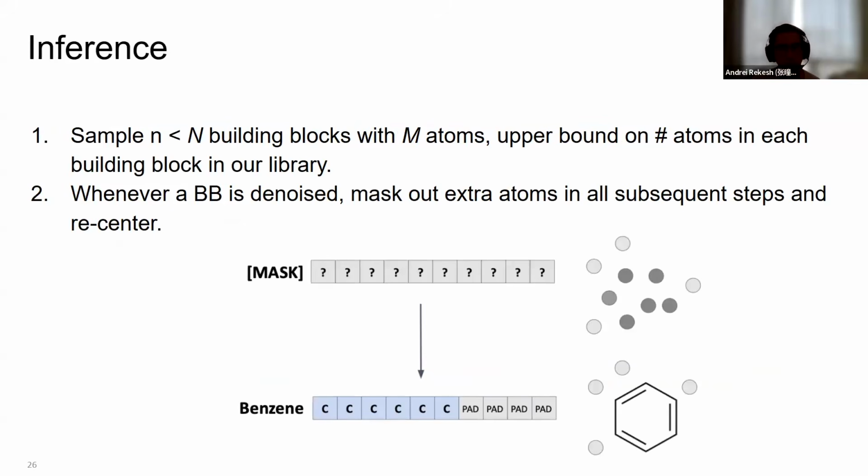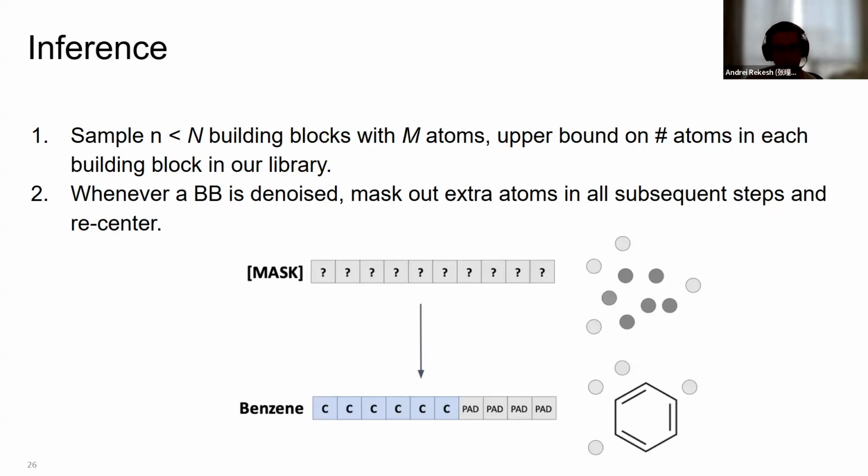So for inference, and I've mostly described this already, you sample an upper bound on the number of atoms in each building block in our library. You don't sample it, you pick that many atoms, and you take a Gaussian prior and sample from that with that many atoms, and take less than the total number of building blocks in any molecule that you choose.